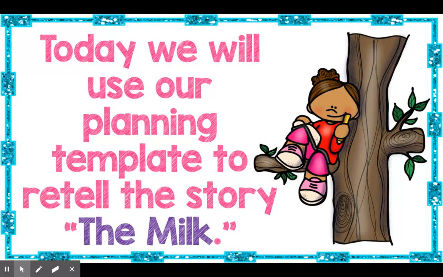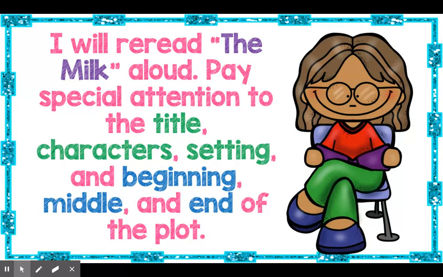Today, we will use our planning template to retell the story, The Milk. I will reread The Milk aloud. Pay attention to the title, characters, setting, and beginning, middle, and end so that we can develop the plot of the story on our planning page.